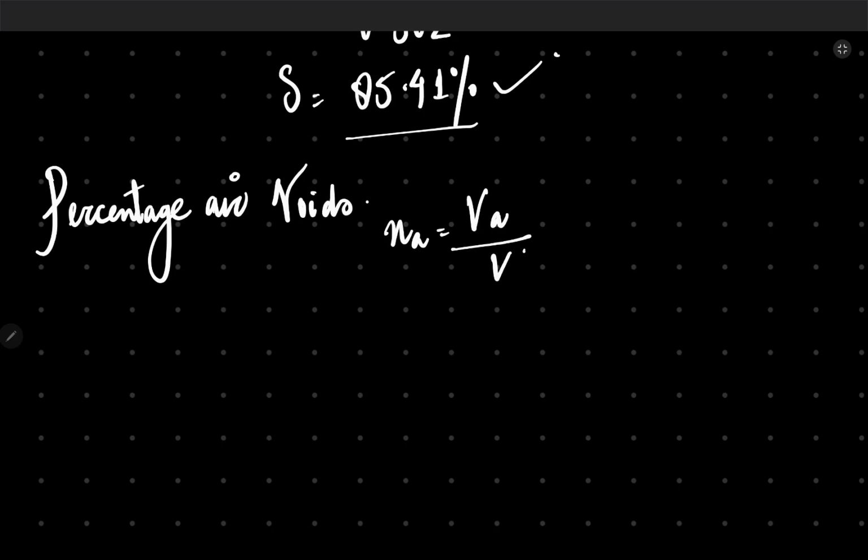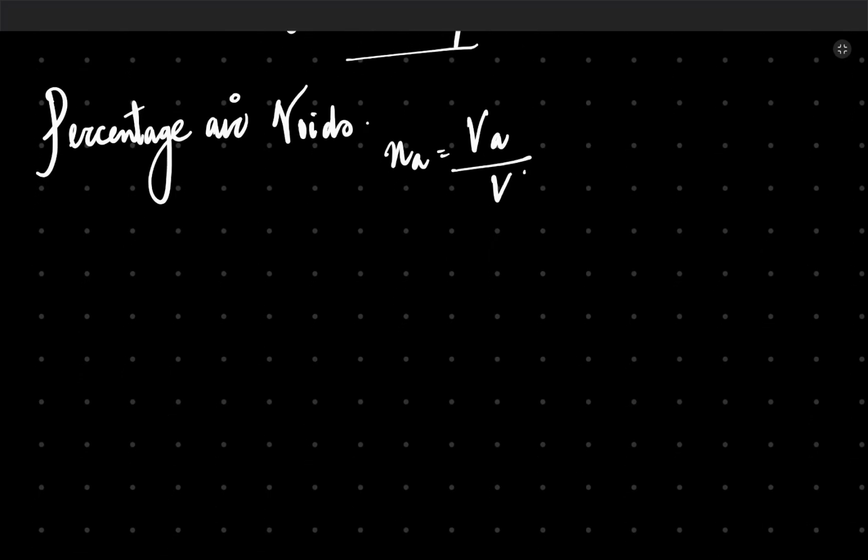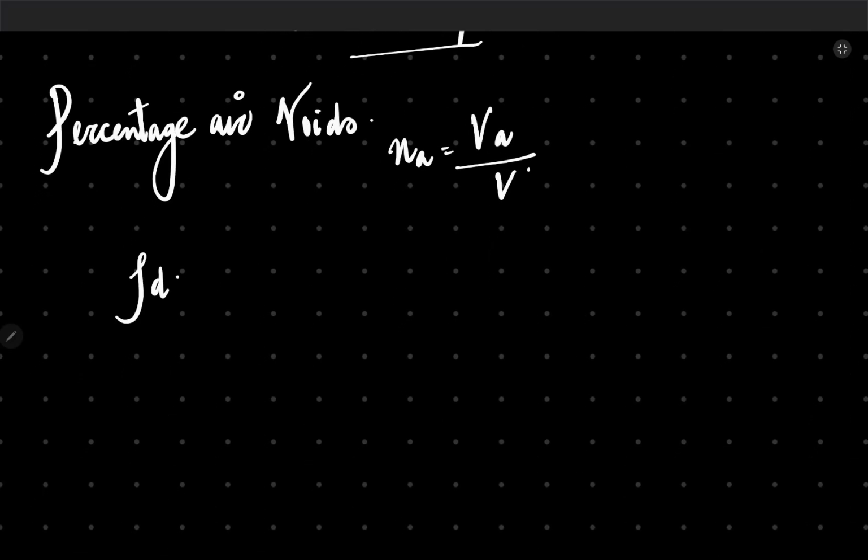Now I'll be using a generalized equation wherein dry density has been related to this percentage air voids, and that is dry density equals (1 minus na) times G times density of water divided by 1 plus wG, where na stands for the percent air voids.